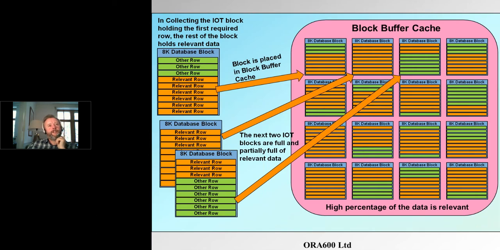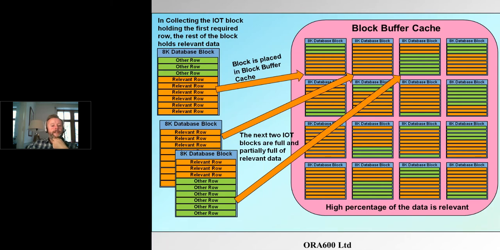I actually do a whole hour-long presentation on how to do this. But you can use things called index organized tables, where the information is actually stored in an index. You can physically sort your data, or you can use partitioning to move you more to this. When you get a record in a block, it's surrounded by other records that you probably want to process that day and make your whole database more efficient.